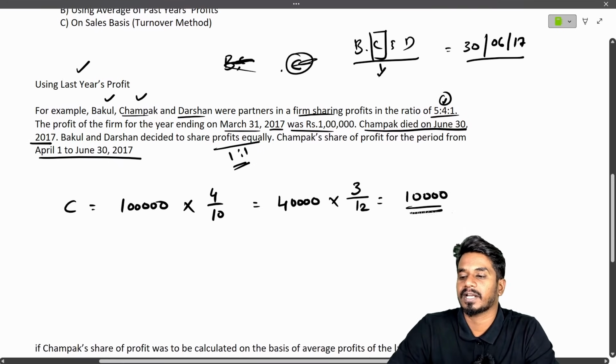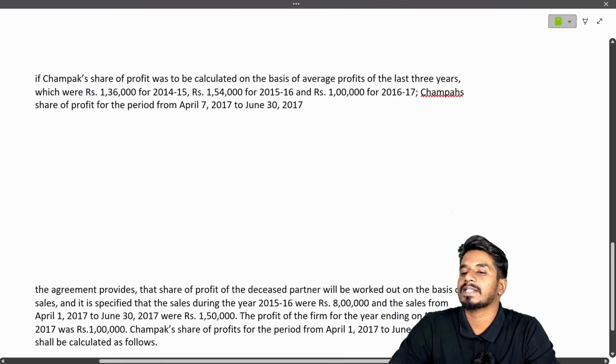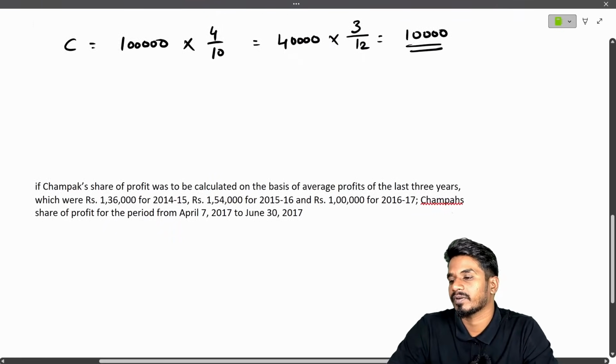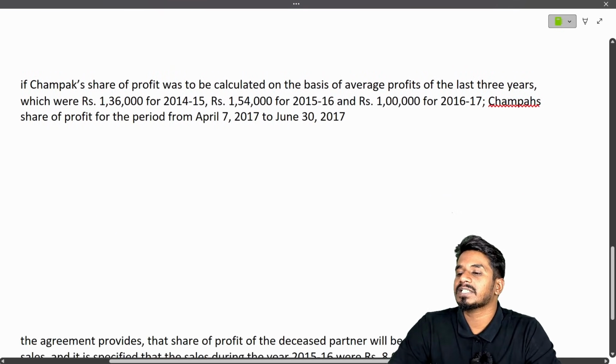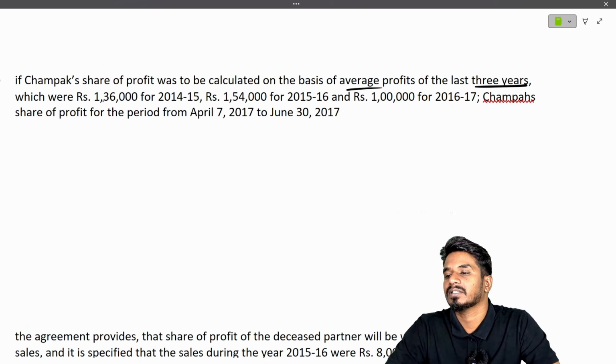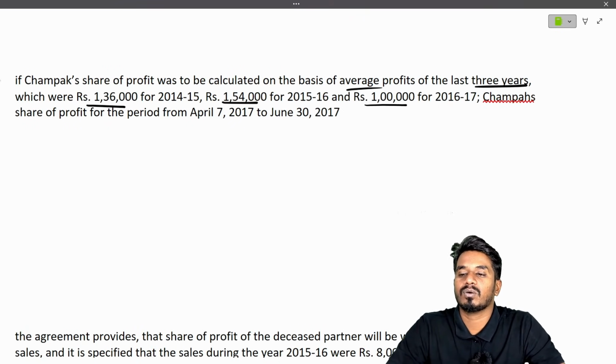Simple calculations, right? Let us see the second case, using the average profit method. If Champak's share of profit was to be calculated on the basis of average profit, they have given the last 3 years' profit: 1,36,000, 1,54,000, and 1 lakh.